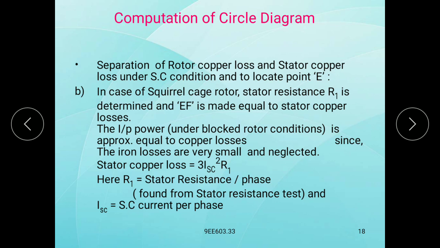The input power is approximately equal to the copper losses when in blocked rotor conditions. Since the iron losses are very small and neglected, the stator copper losses are equal to ISC square R1. Here R1 is the stator resistance per phase, and ISC is the SC current per phase.